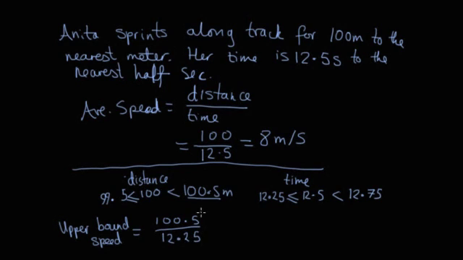Now if you think about that in real life situations, if she was to go the furthest possible distance in the quickest time, she would have to run at her highest speed, and that would give us 8.204 meters per second.